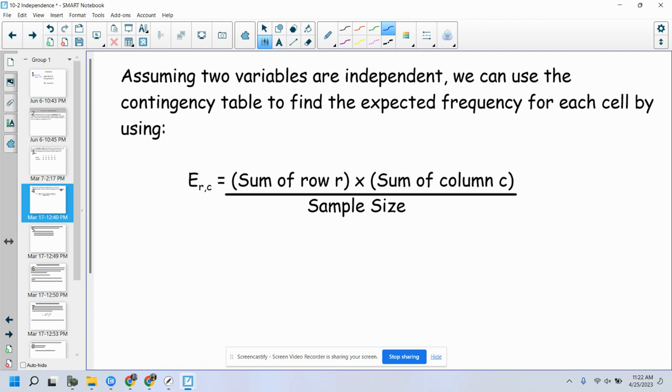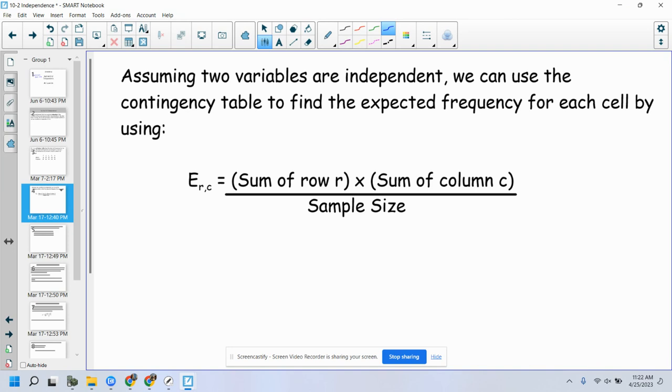Remember how we had O minus E over E? Same thing's going to happen here. Observed minus expected over expected. This is expected. But instead of just having one frequency, we're talking about two different variables having the frequency. So instead of just one column, we're going to have a whole chart worth of E's. A whole chart worth of expected.